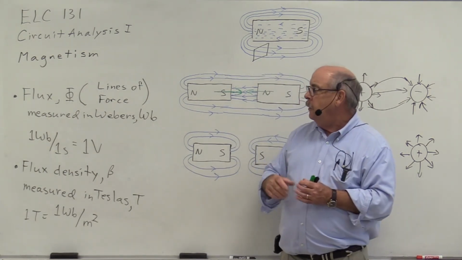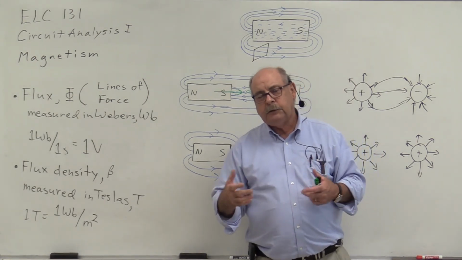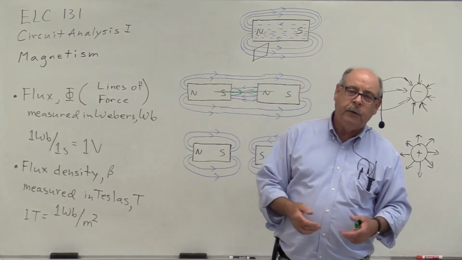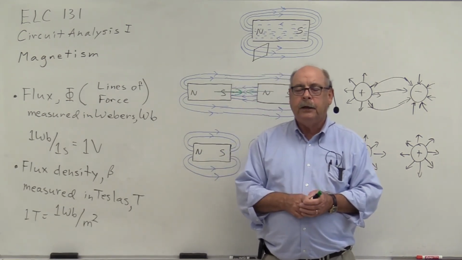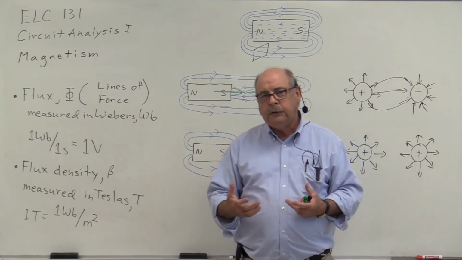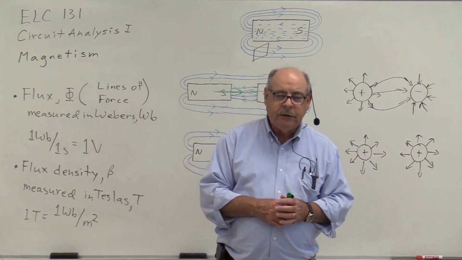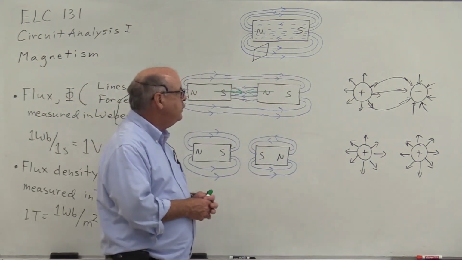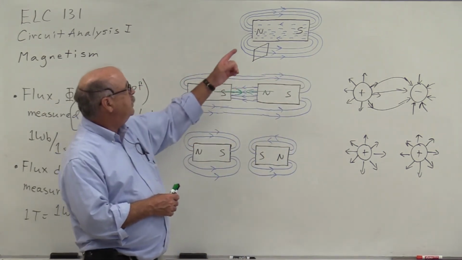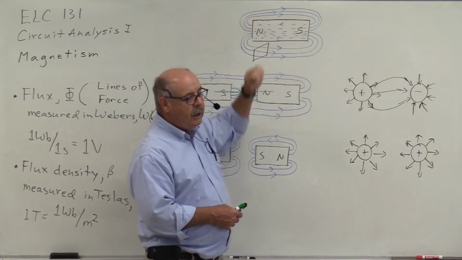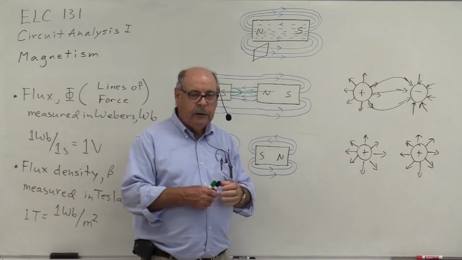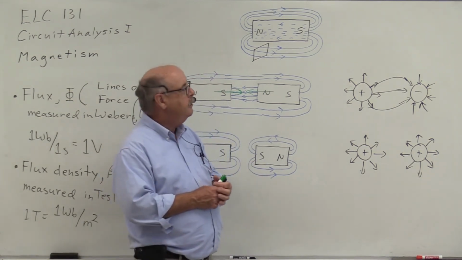So again, magnetic flux, I will refer to it as, and a lot of people refer to it as, magnetic lines of force. But again, they're not lines of force. We just represent this force by drawing lines. And these lines of force are closed loops. They exist inside and surrounding the magnetized material.